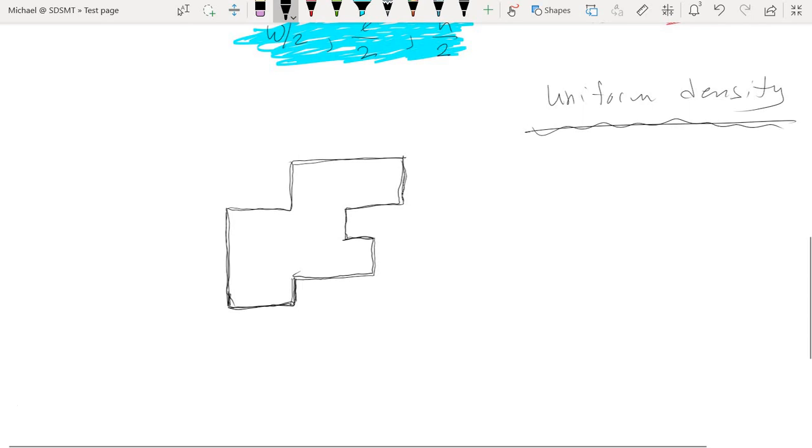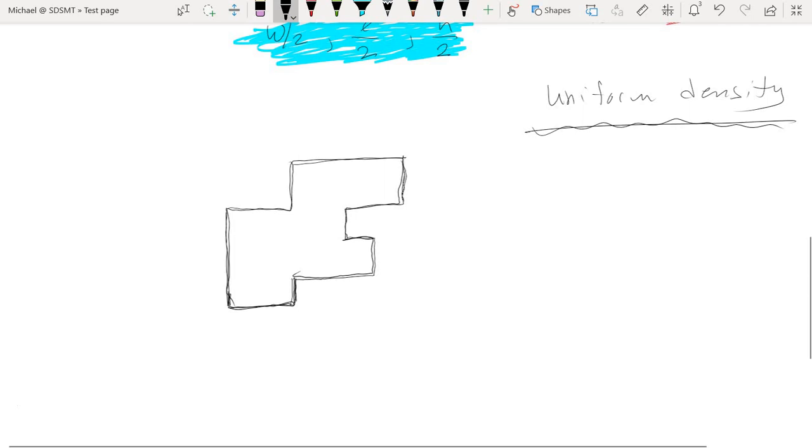Otherwise, if this material has a lot of holes in it, or vacancies, cavities, impurities, a lot of that stuff will throw off the density, and then we wouldn't be able to use this next approach that we're going to try.